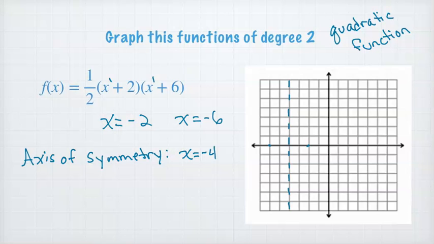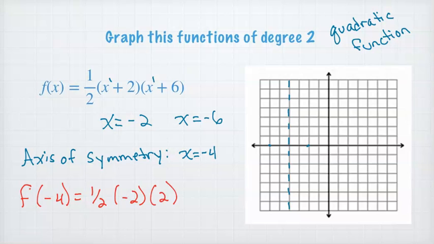Okay. And my vertex lies on that axis of symmetry. So to find my vertex, I'm going to plug negative 4 into my function and see what y value I get out. So I have half of negative 4 plus 2 is negative 2, and negative 4 plus 6 is positive 2.